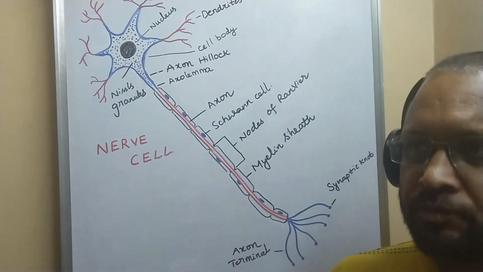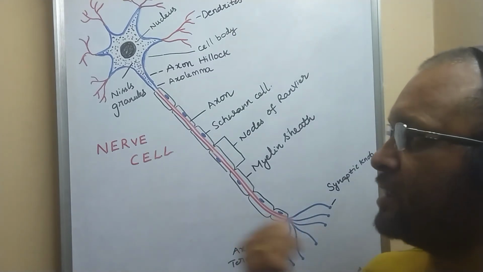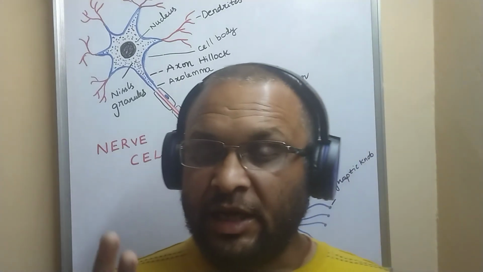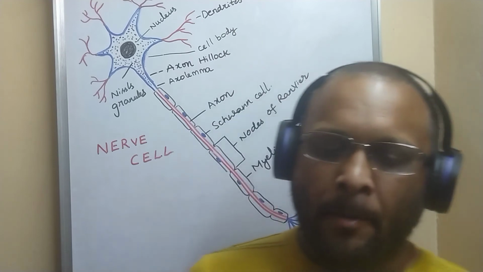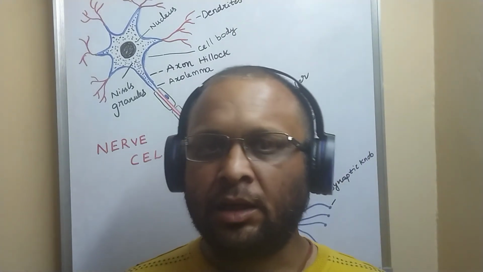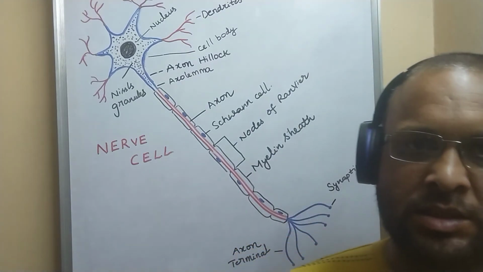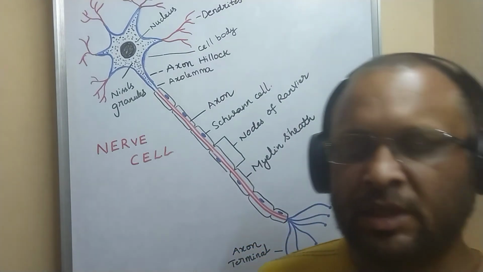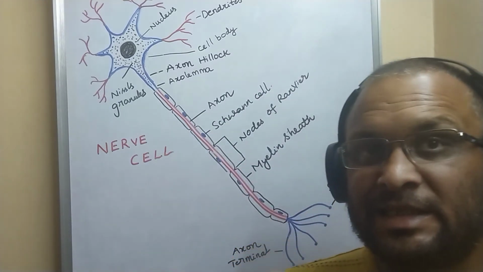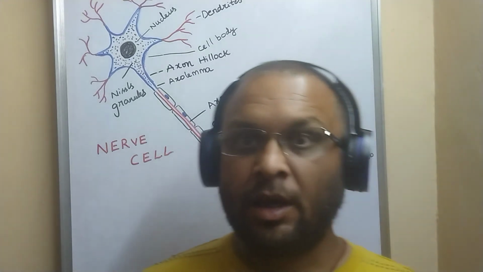Neurons are of three types: multipolar, bipolar, and unipolar neurons. Unipolar neurons have only one axon and exist in the embryonic stages.